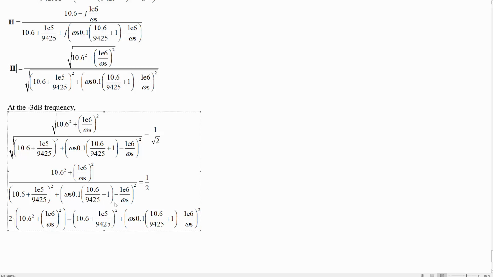We can get some minimum for this magnitude, and that is going to end up with us in a situation where we've got 10.6 squared plus 1e6 over omega squared, and then over here we've got 10.6 plus 1e5 over 9425 all squared.